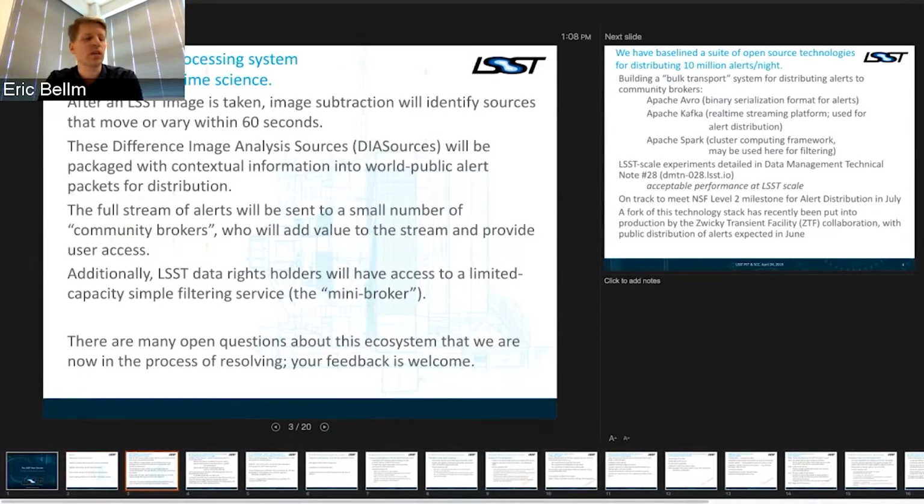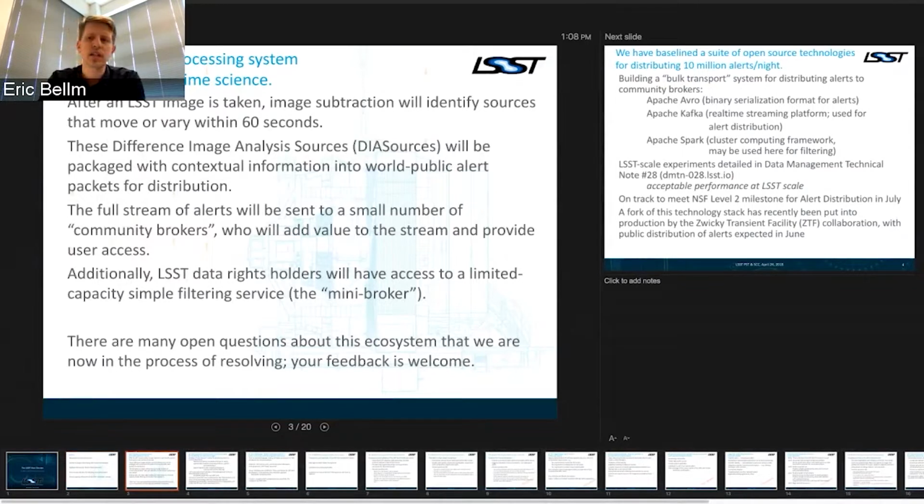In particular, it's finding things that are moving or varying. Then we take those sources and put them into alert packets with a bunch of other information: historical light curves, the image cutouts, time series features, connections to the data release production objects. Put that all together into a really fat alert packet and ship them out to the world.